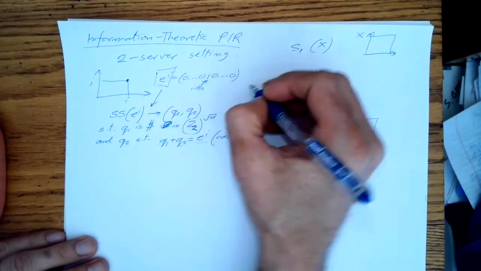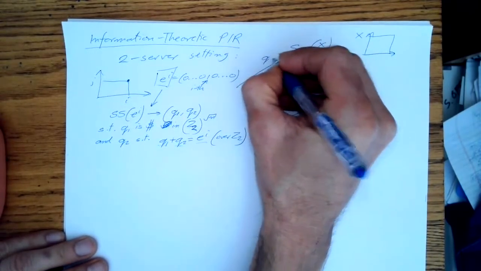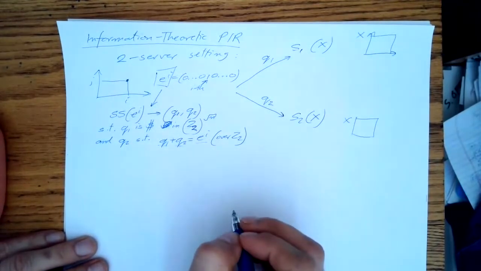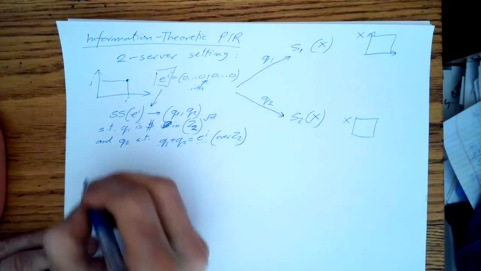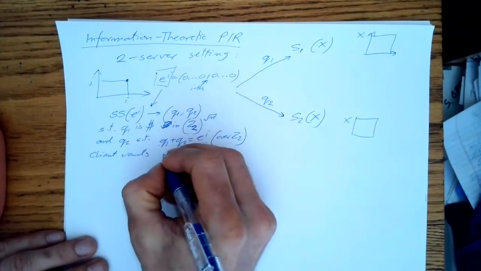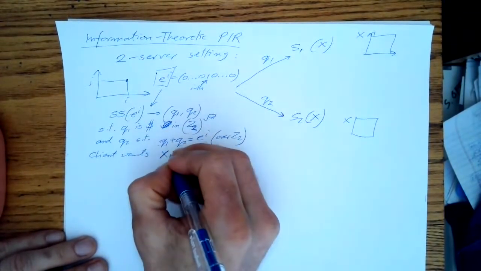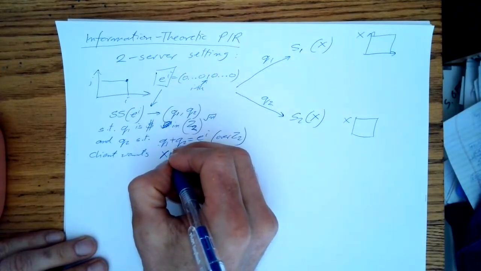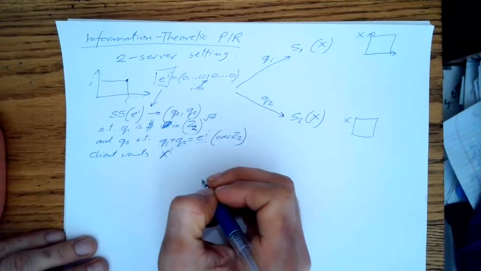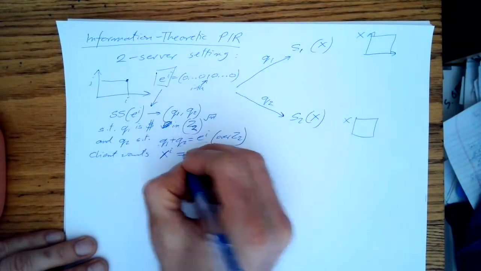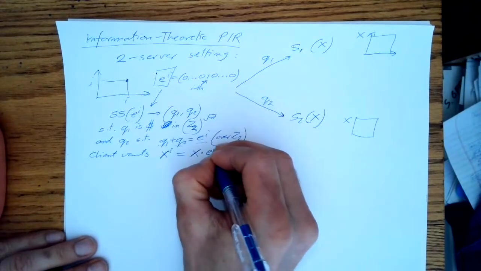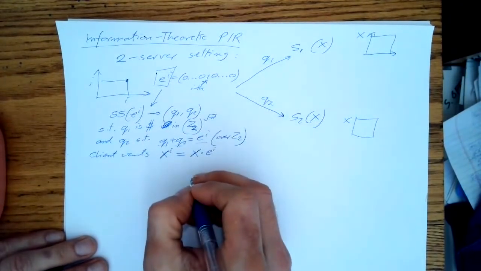And what the client does is send this secret shared indicator vector to the two servers. The client wants the jth, the ith column of X, which is a product of X and this EI indicator vector.